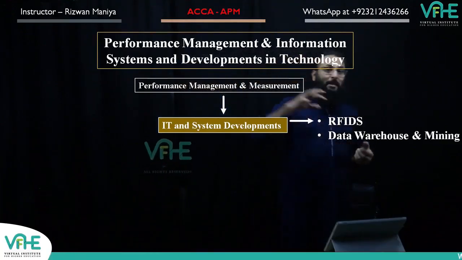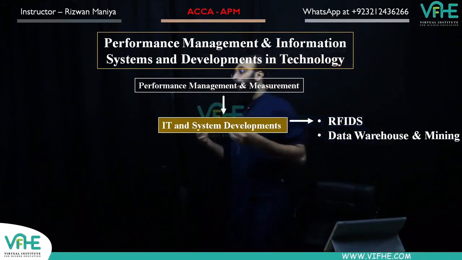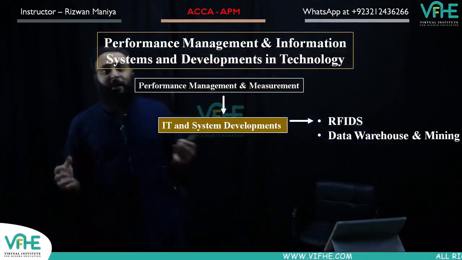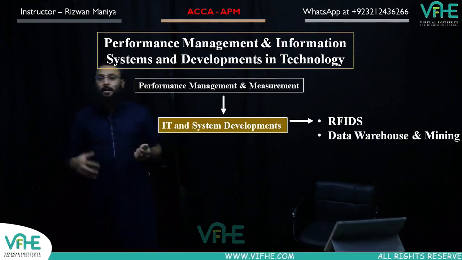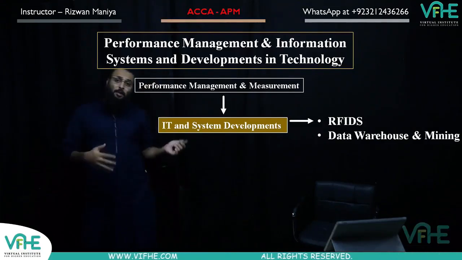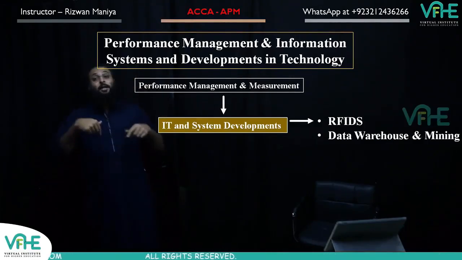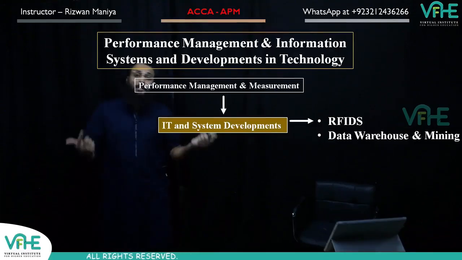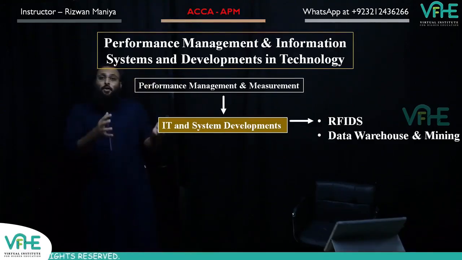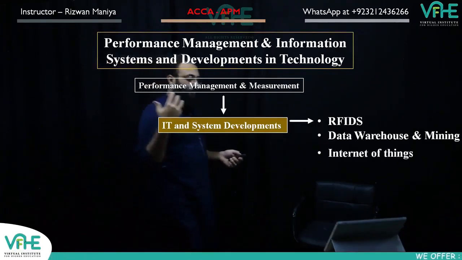When you run this software on a data warehouse, because a data warehouse includes a high amount of data, these mining tools can find hidden patterns and relationships, and this helps you to understand them, take decisions and improve the business profits. So this is the benefit of data mining.